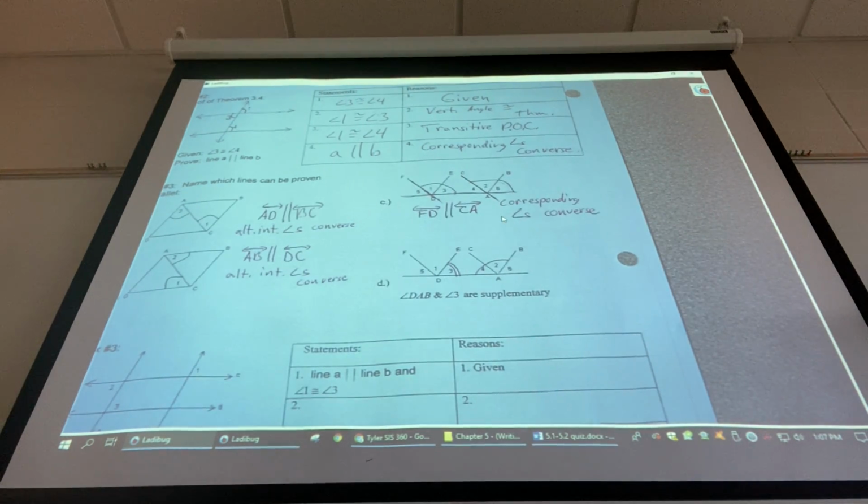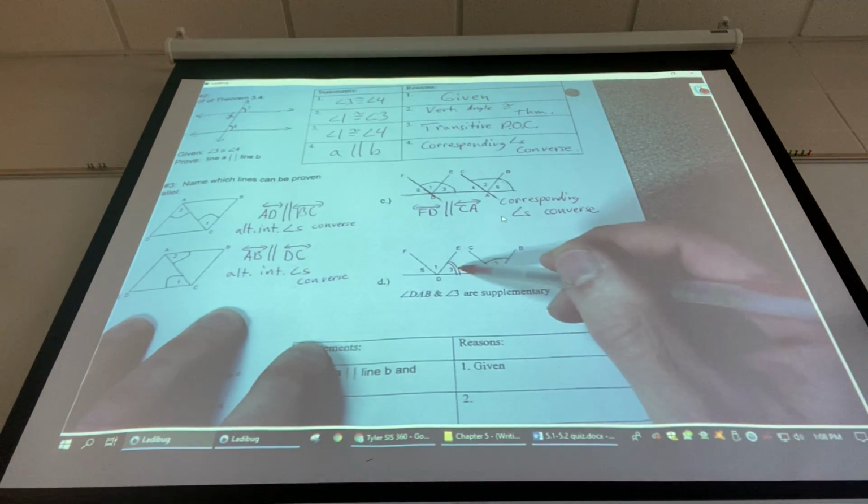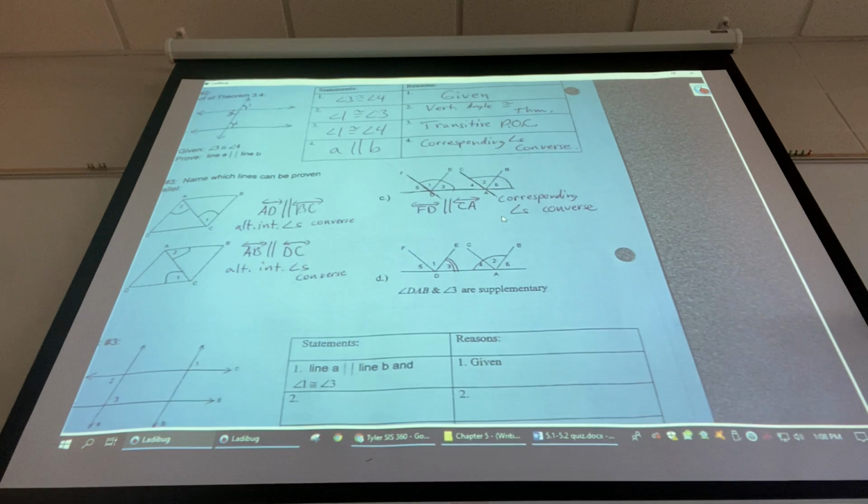I'm not saying that they're the same, I'm just saying that we know information about those, right? Well, if we know that the two angles I marked are supplementary, which two lines have to be parallel? ED and BA, what do you guys think?